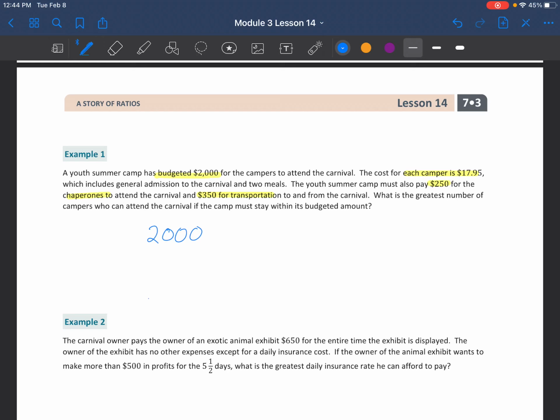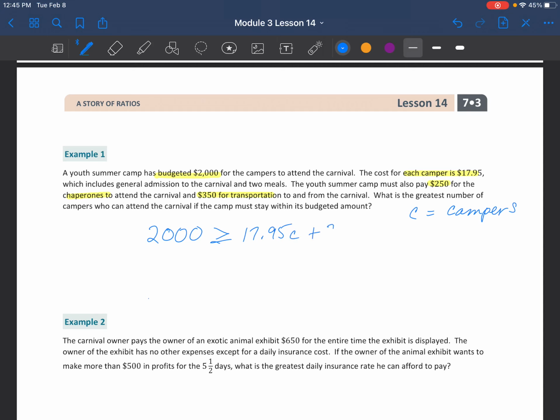So here we are with $2,000 on one side. And so you have to ask yourself, can it be greater than $2,000? And it can't, because that's their budget, and if they go over, they don't have any money to cover that. So in this case, $2,000 has to be greater than or equal to the rest of my inequality, okay?